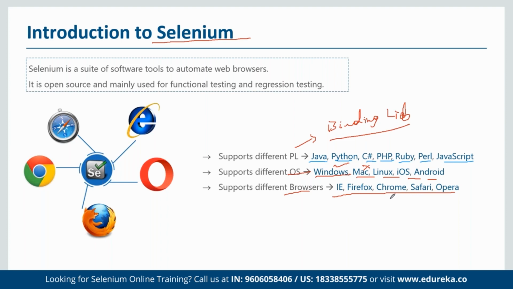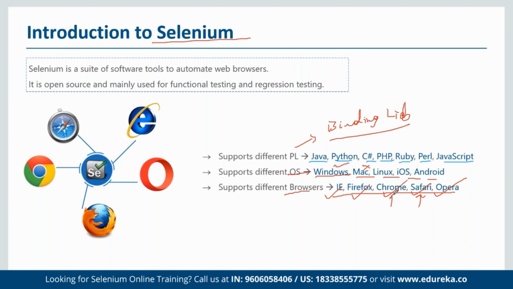So you have to make sure that your application works on IE also, Firefox also, Chrome also, Safari also, Opera also, because you may have an Opera user who uses Opera for some features. You may have a Mac user who will love to work with Safari.